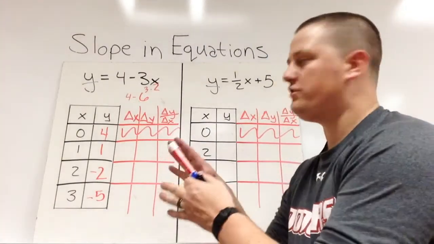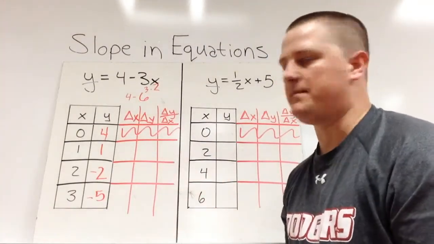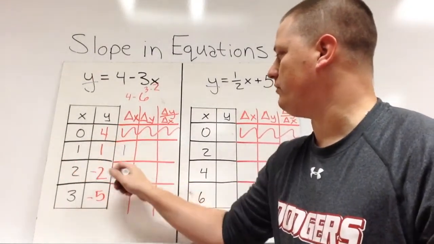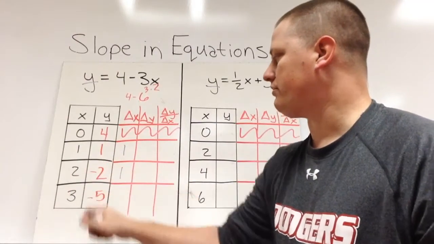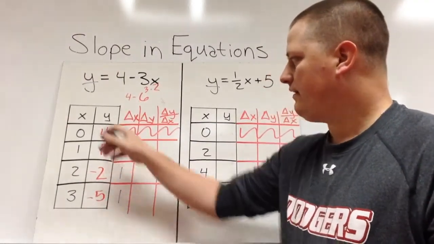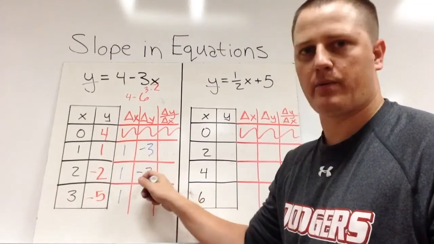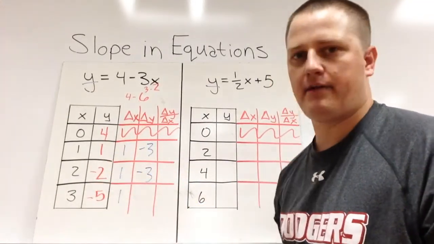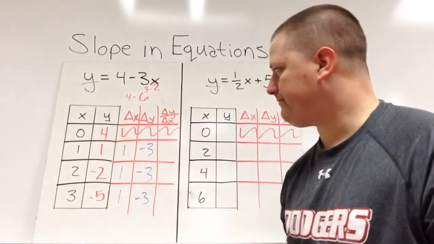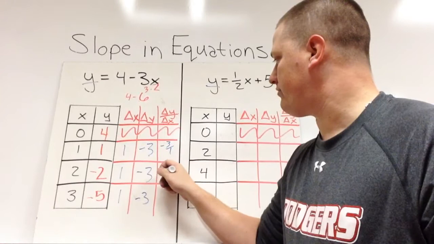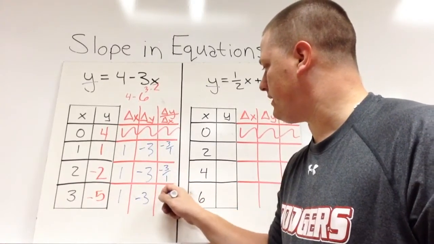Alright, so now I'm going to fill out the rate of change information. So delta x, 0 to 1 is 1, 1 to 2 is 1, and 2 to 3 is 1. 4 to 1 is negative 3, 1 to negative 2 is negative 3, and negative 2 to negative 5 is negative 3. If you notice, I get negative 3 over 1, negative 3 over 1, negative 3 over 1.